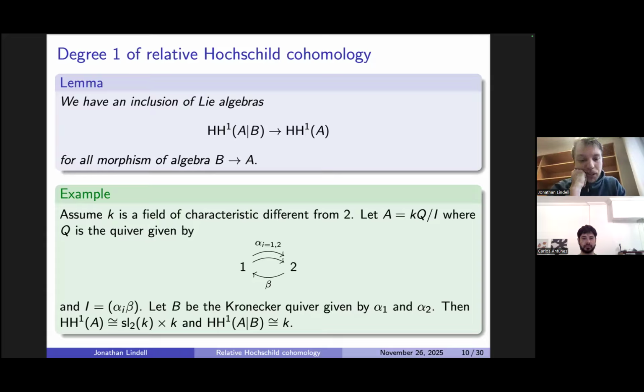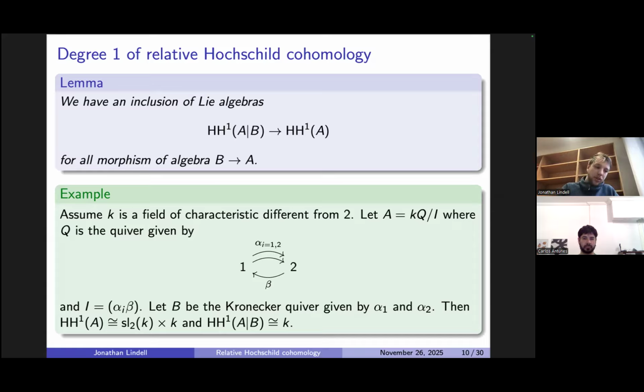Then one can compute that the absolute Hochschild cohomology HH1 is isomorphic to SL2 with respect to the field times K, and that the relative Hochschild cohomology in this case is just isomorphic to K. But we can note that HH1 of A is not solvable since we have the SL2 part there, whereas the relative is definitely solvable since it's just K. So it can definitely happen that we have solvability of the relative, but not solvability of the absolute.